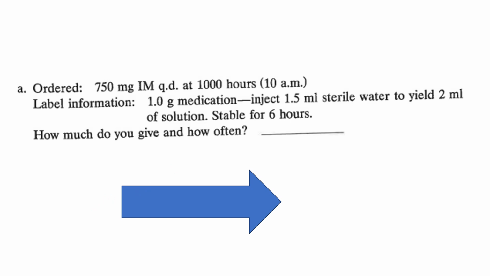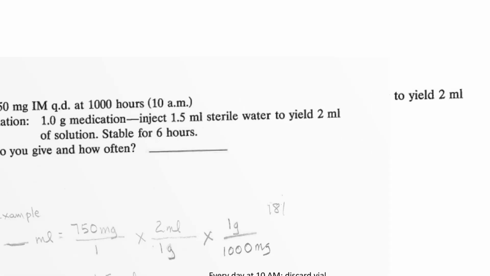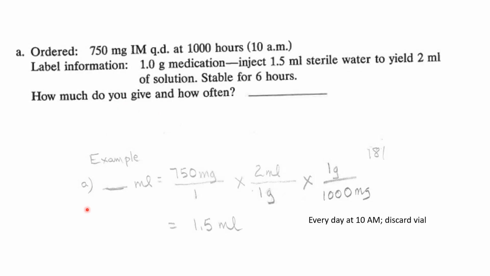Let's see how you did. Okay, so let's do dimensional analysis. The number of milliliters is going to be 750 milligrams times, and the medication is 2 milliliters of solution per 1 gram.